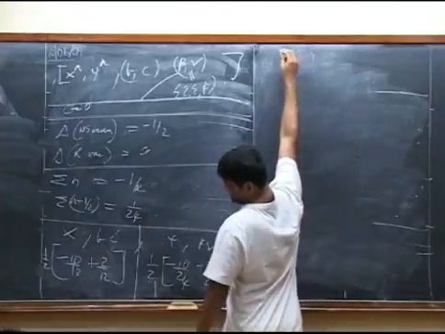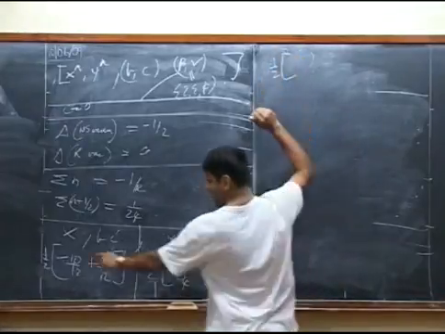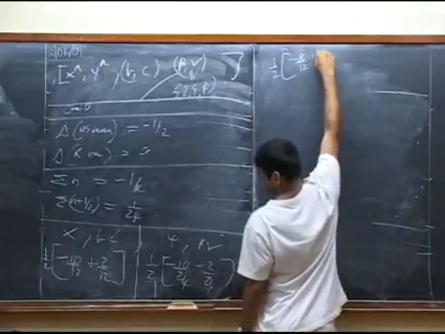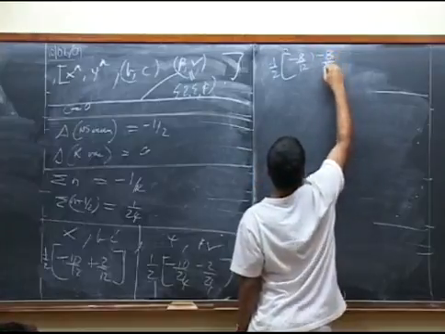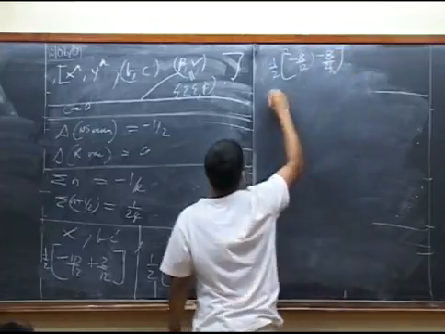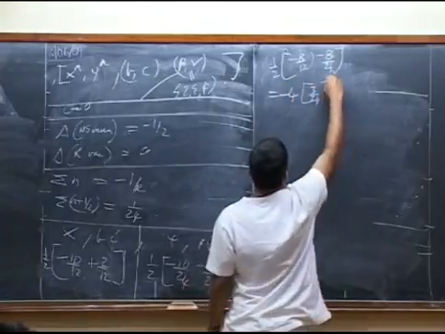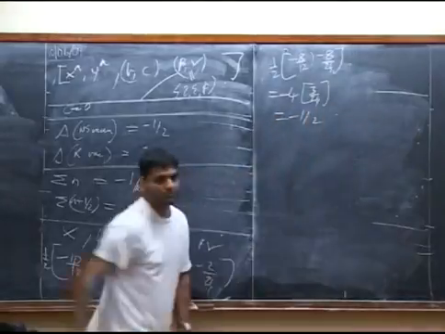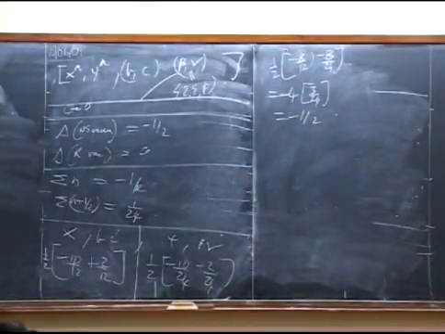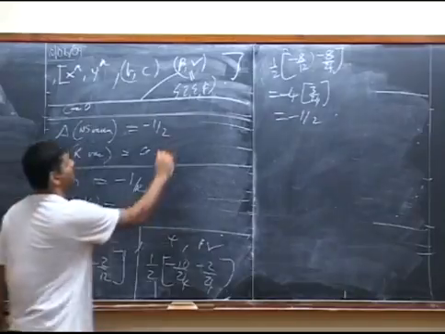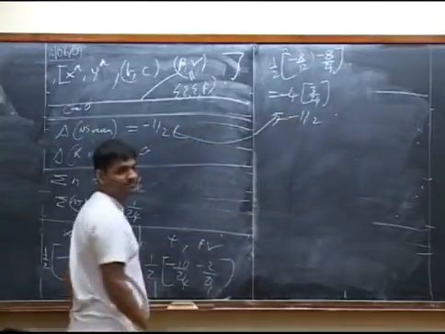This is half times 8 by minus 8 by 12, minus 8 by 24, is equal to minus 4 into 3 over 24. This agrees with this. Why did it have to?